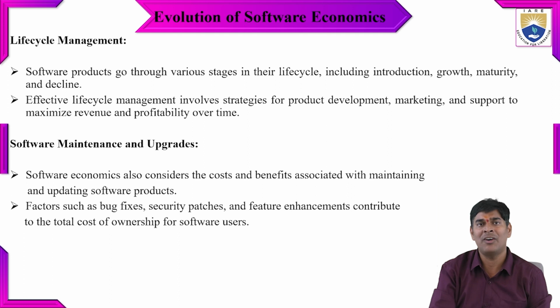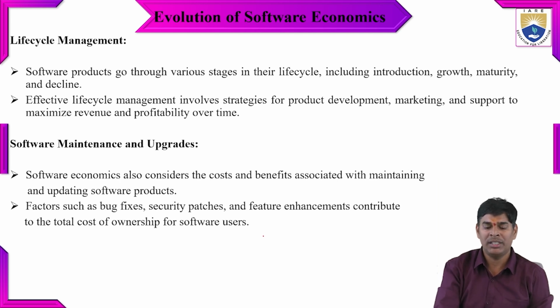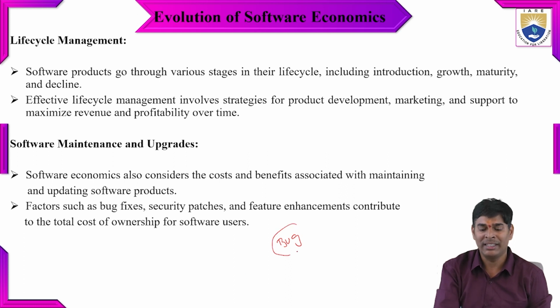And here they have some factors for this. The first one is that bug fixes, security patches, and future enhancements contribute to the total cost of ownership for software users. When they release the software, they identify the bugs and check how these bugs will be fixed in the stipulated time.